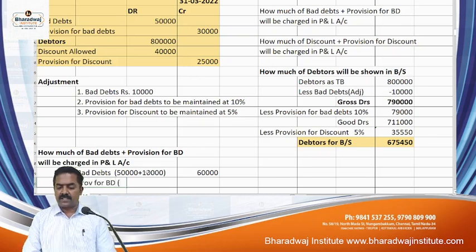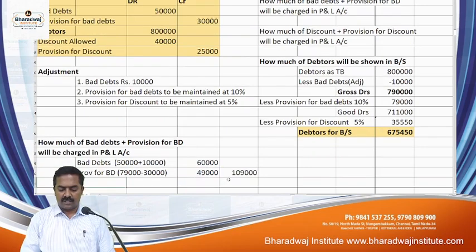What is the closing balance required? 79,000 minus already how much of provision we are maintaining? 30,000 you are maintaining. So how much extra provision required? 79,000, already 30,000 we have maintained. Balance how much? 49,000. So total will be 60,000 plus 49,000.